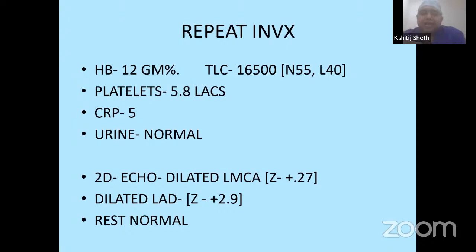So when this child presented to the pediatrician with skin peeling and he went back to the history, there was a concern whether this is Kawasaki disease or not. That's why, as an ancillary test, he was asked to get a 2D echo done. The 2D echo showed the coronary arteries were dilated. The left main was plus 2.7, while the LAD was plus 2.9.